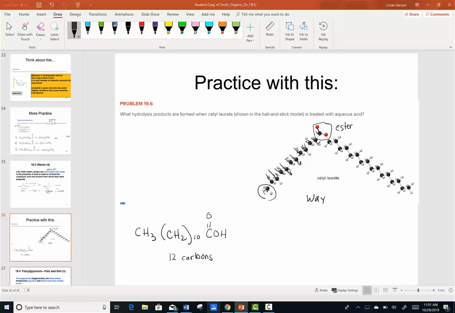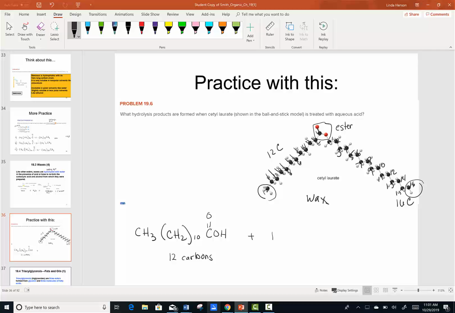How about the alcohol side? On the alcohol side, we have 16 carbons. So to write the alcohol, we begin with that last CH3 group.